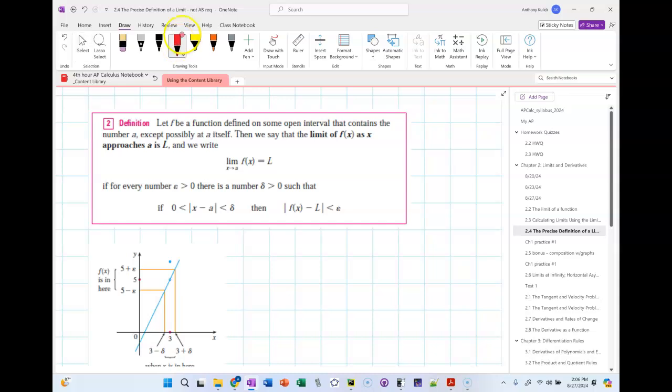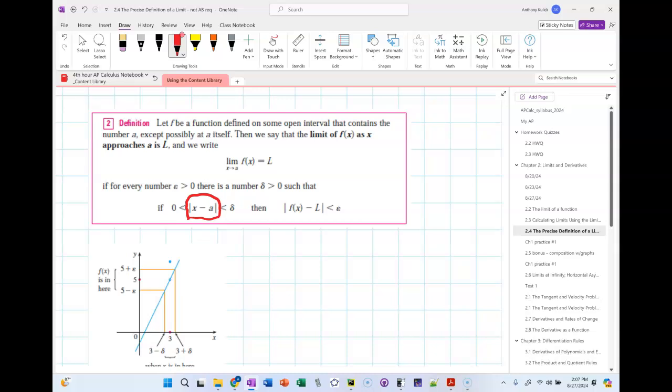So when I look at this, what would you describe the absolute value of x minus a as? What does that mean? This is almost like a geometry question. It's just the distance between x and a, right?